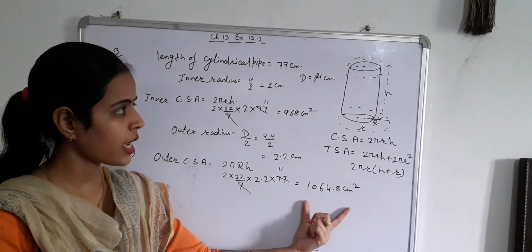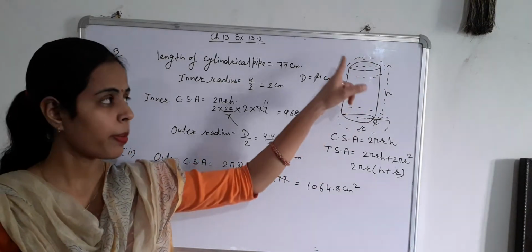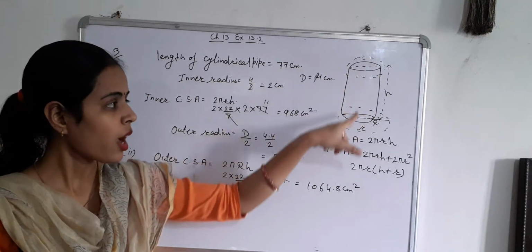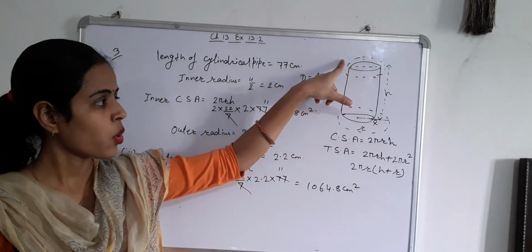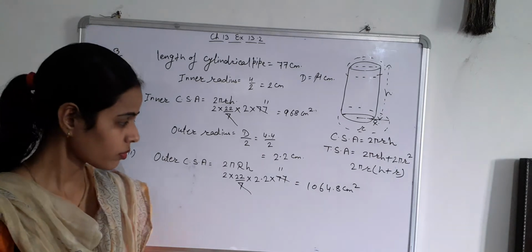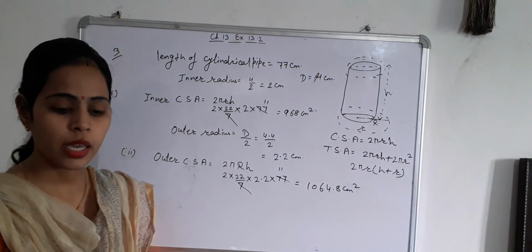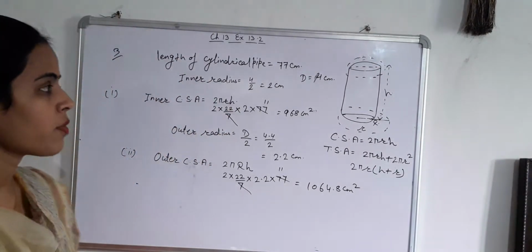Now, the third part is to find its total surface area. Total surface area equals its inner covered surface area plus outer covered surface area plus area of two circular parts. One part is at its top and the other part is at its bottom.